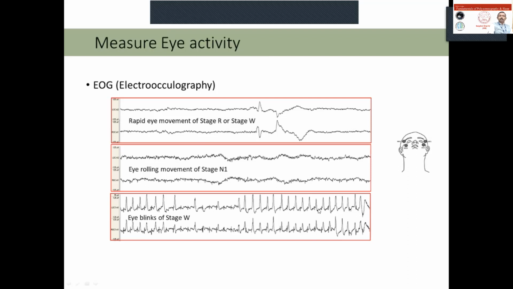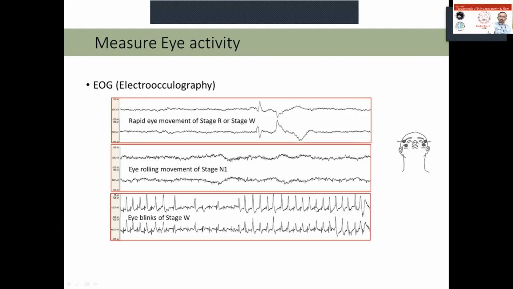This typically happens when you are blinking, because a blink is not because of eye movement, it is because of the eyelid coming on top of the eye, and the eyelid becomes positively charged. Because the eyelid becomes positively charged, the nearby skin will also be positively charged. So both left eye as well as right eye will start seeing a positive deflection.